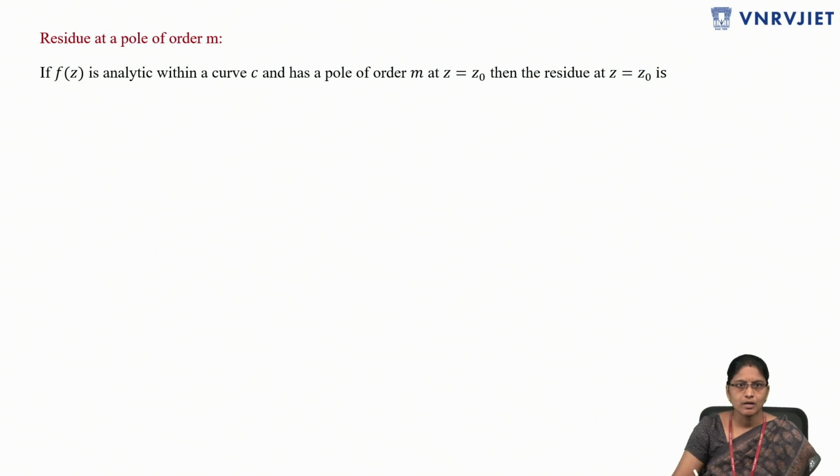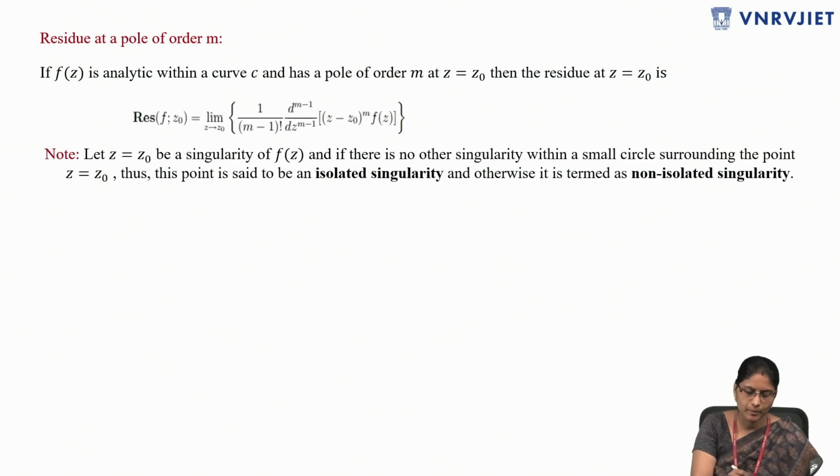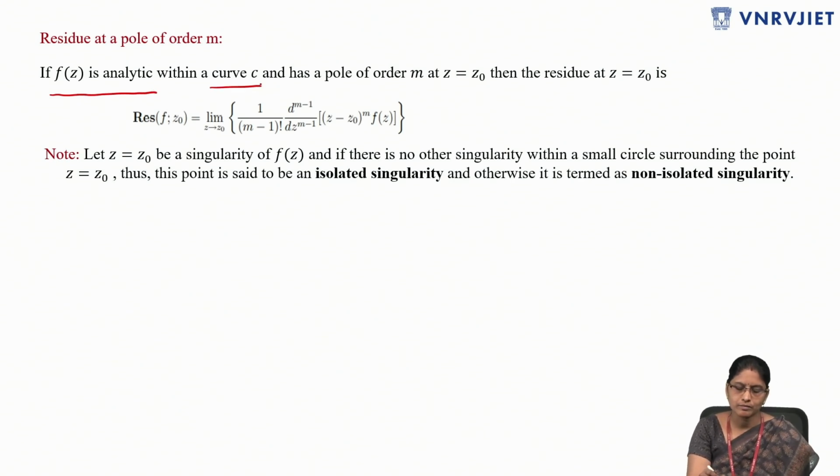Next definition, residue at a pole of order m. f of z is an analytic function, C is the curve, and it has a pole of order m at the point z is equal to z naught.